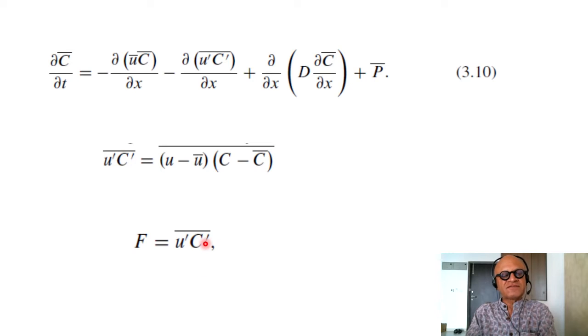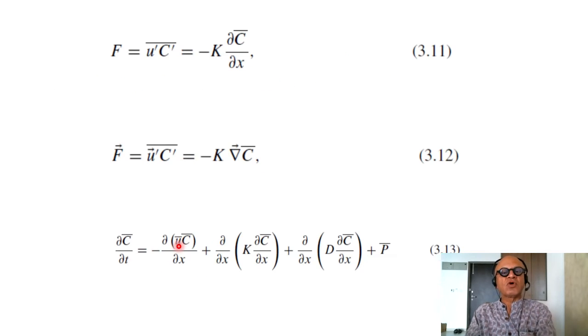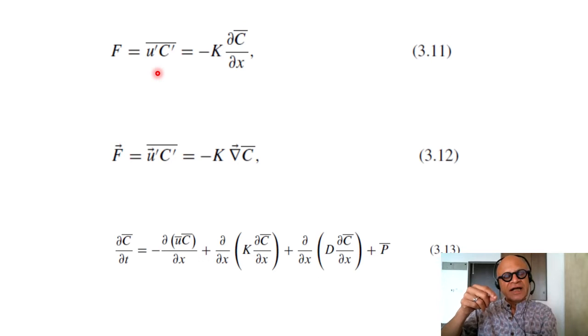So eddy flux of c prime by the zonal velocity is what we are talking about. What is done with it? It is considered like an eddy diffusion. So eddies are these high frequency oscillations, and they are not averaging out to 0.